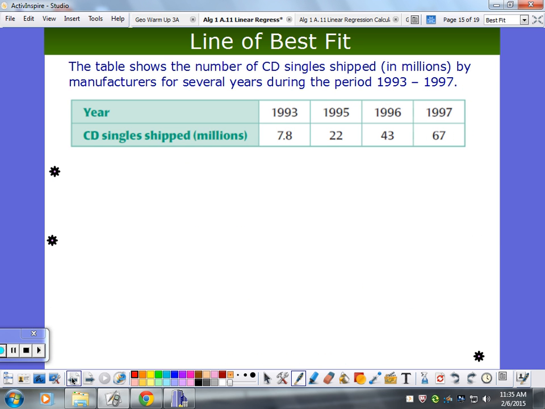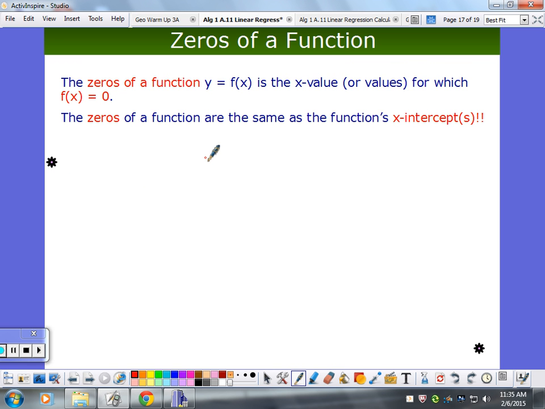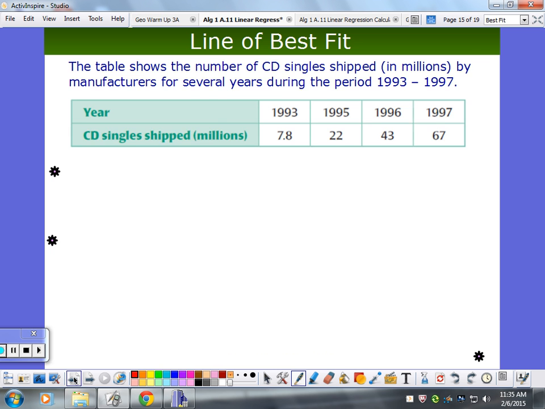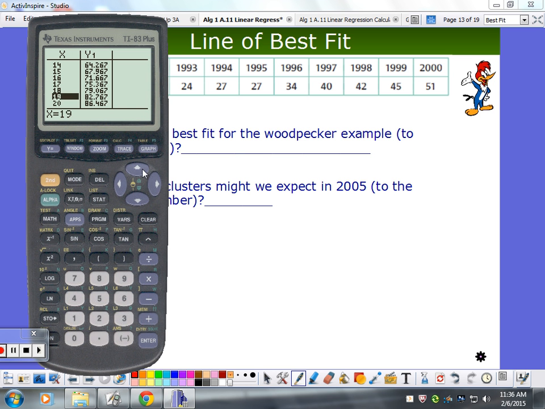What else is important? Zero of a function, that's an important thing. Remember, what is a zero of a function? The x-intercept. That's y equals 0, right? So if I find a zero of a function, like for this, somewhere the active clusters were 0. I'm going to scroll through my calculator, looking to see when y is 0.